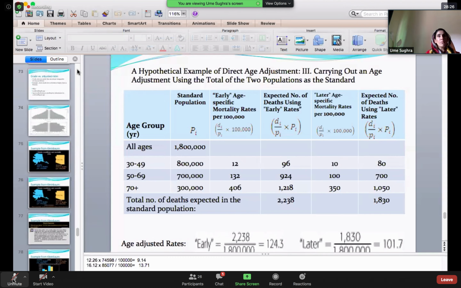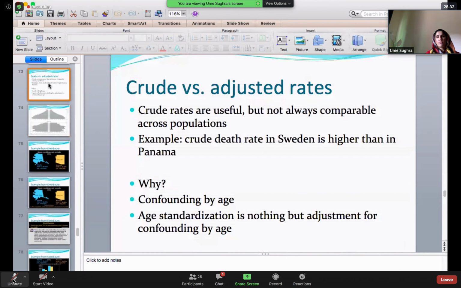Now, before moving on to indirect age adjustment, I would like to share one more example with you to understand why crude rates and adjusted rates matter. I've already shared with you that crude rates are not always useful, specifically whenever we need to make comparisons.